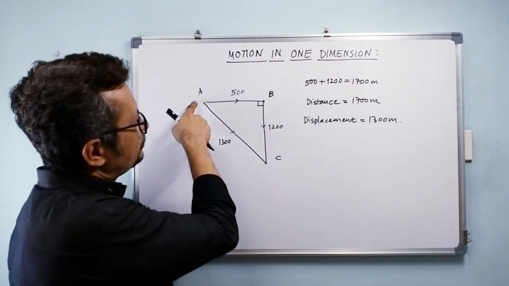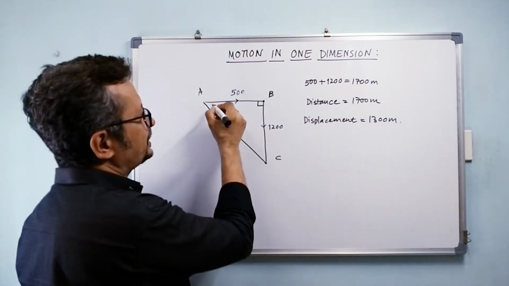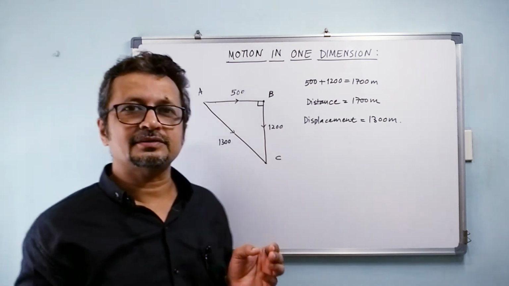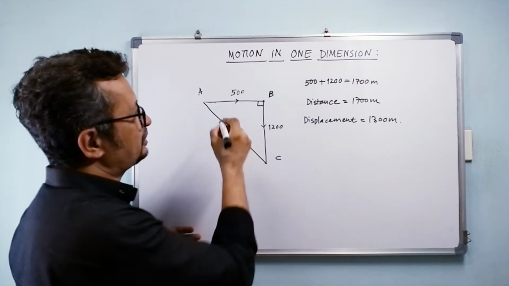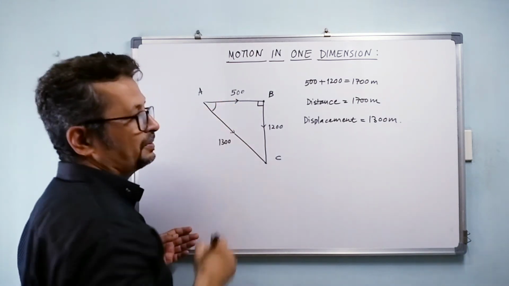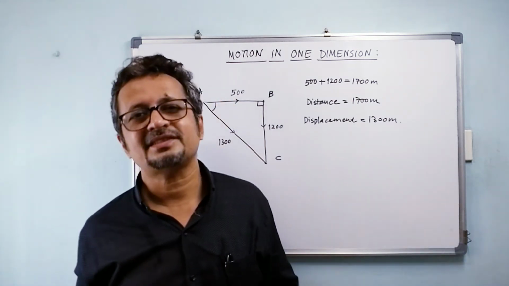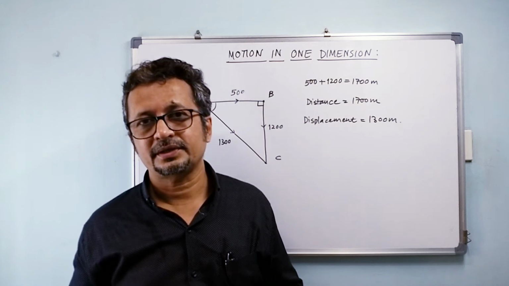That means what would be the direction of this? I wouldn't say it is southeast, because that will depend on this direction, but it is somewhere between east and south, right?